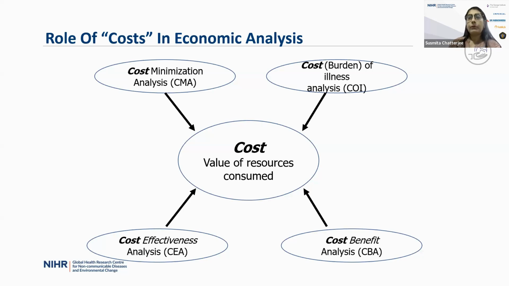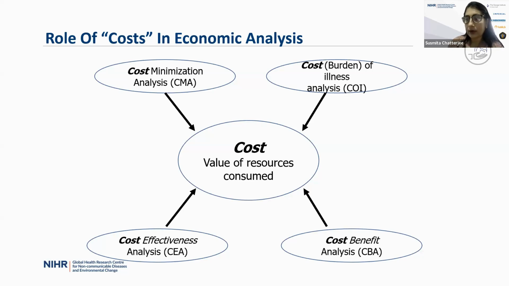But when we do cost benefit analysis, we have to ensure that whatever my outcome is, if it is deaths averted, I have to make sure those deaths averted are converted into monetary units.